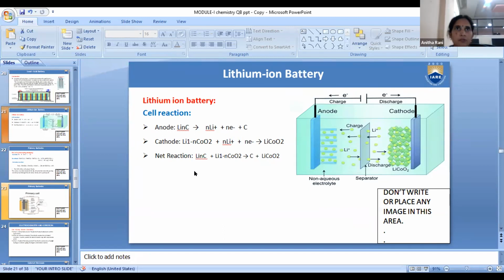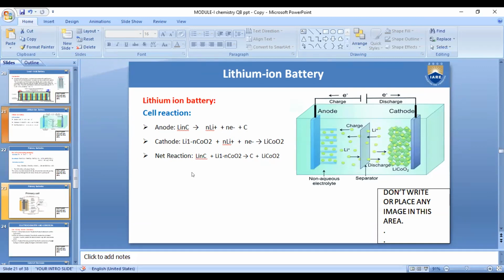Flow of electrons is also from anode to cathode. So the lithium ion movement during discharging is from anode to cathode. During charging, tell me.